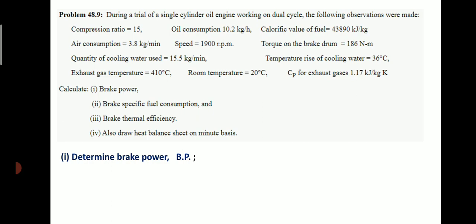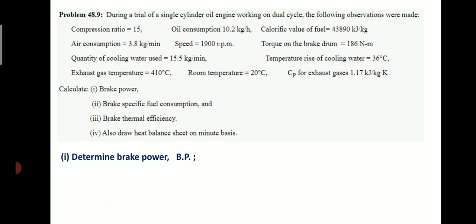Compression ratio is 15, oil consumption is 10.2 kg per hour, calorific value of the fuel is 43,890 kilojoule per kg, air consumption is 3.8 kg per minute, speed is 1900 rpm, torque on the brake drum is equal to 186 Newton meter, quantity of cooling water used is 15.5 kg per minute, temperature rise of cooling water is 36 degrees centigrade, exhaust gas temperature is 410 degrees centigrade, room temperature is equal to 20 degrees centigrade, and Cp for exhaust gas is 1.17 kilojoule per kg K.